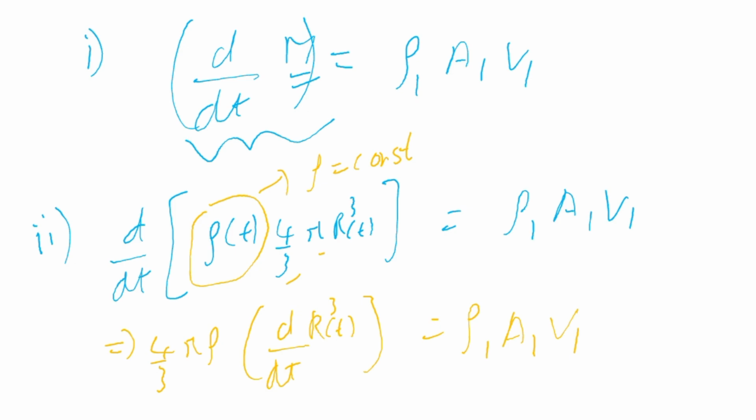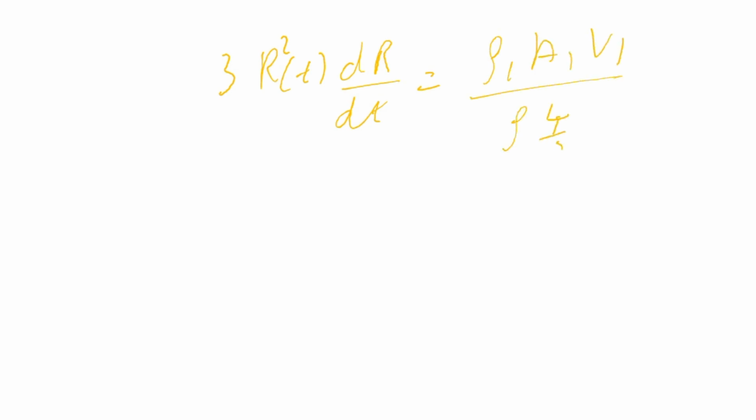Okay, so now if you bring this 4/3 pi here, you just need to take this derivative, right? So essentially, if you take the derivative, it will come out to be 3r squared times dr dt is equal to rho 1 a1 v1 by rho by 4/3 pi.